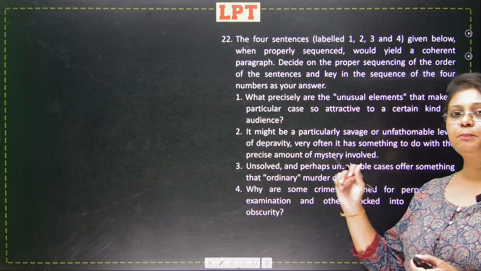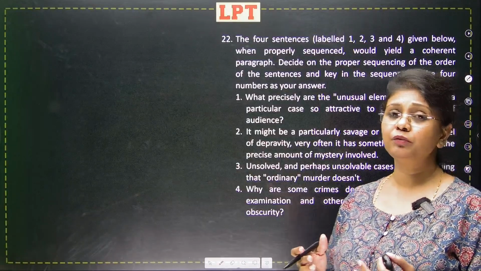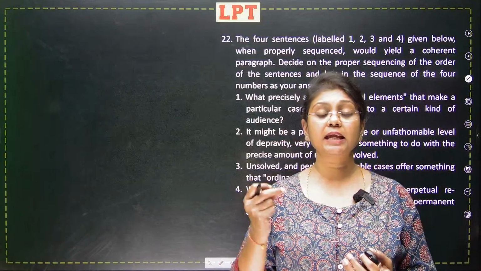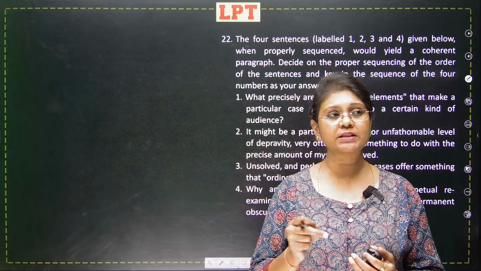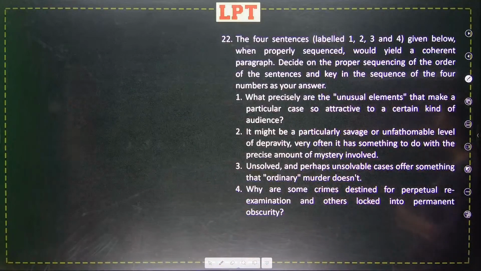Right, so you have a para-jumble question here. I'm sure you would have figured it out by now that when you talk about a para-jumble question, it's about identifying the sequence of the sentences. So practice this question and then we can try to answer this one.